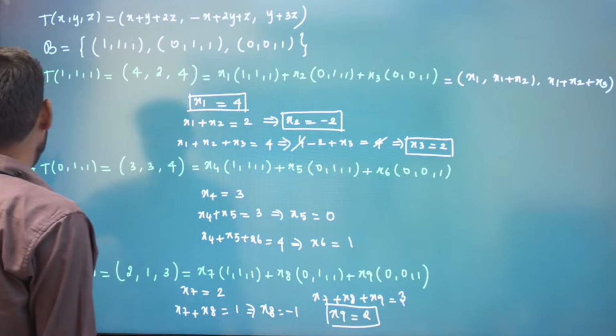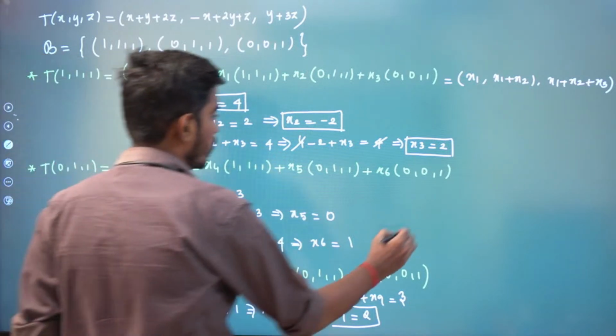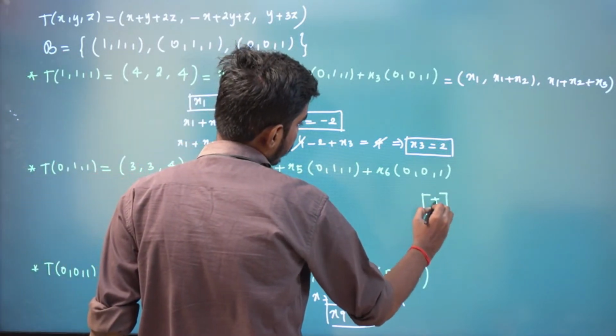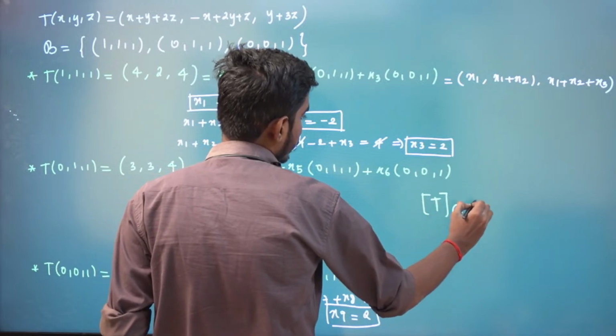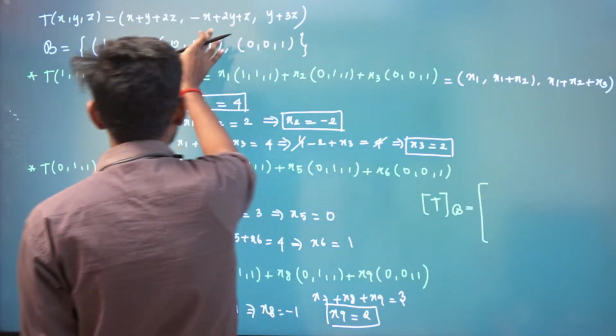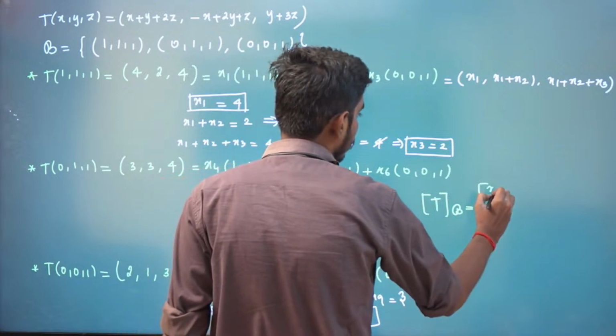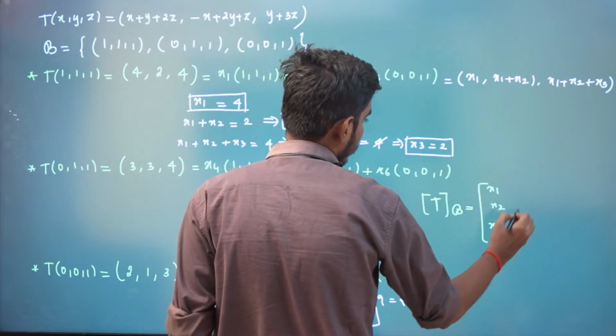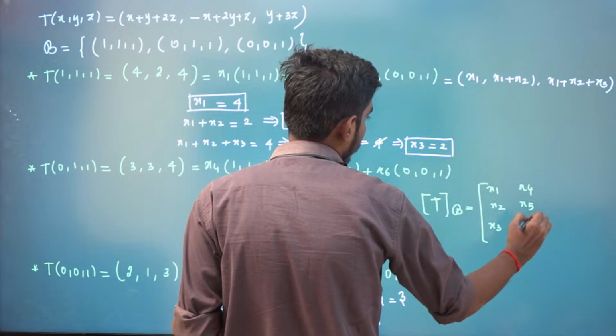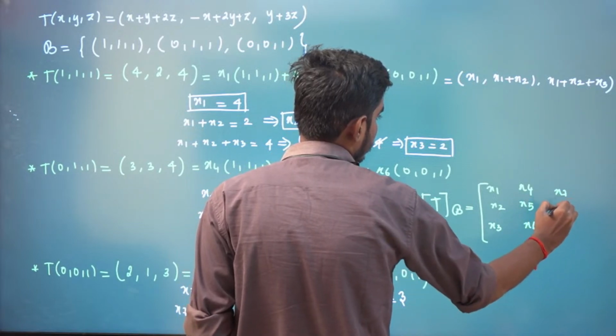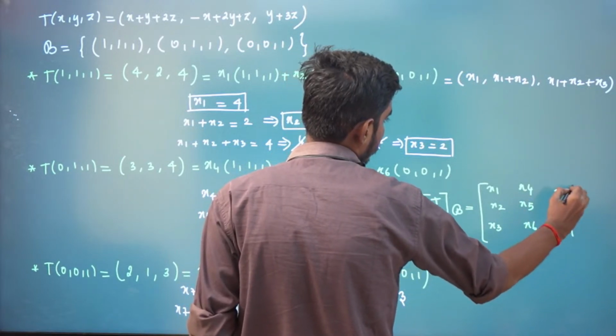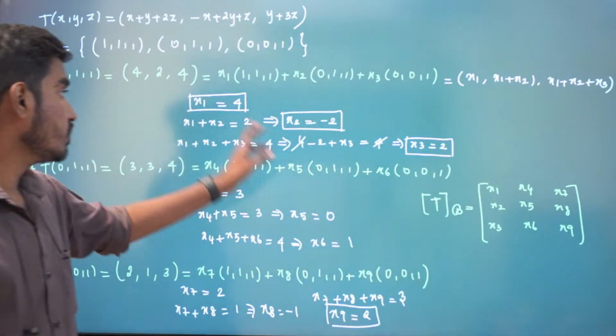So the matrix of T with respect to the given basis is given by x1, x2, x3, x4, x5, x6, x7, x8, x9, right? All these are the unknowns which we found.